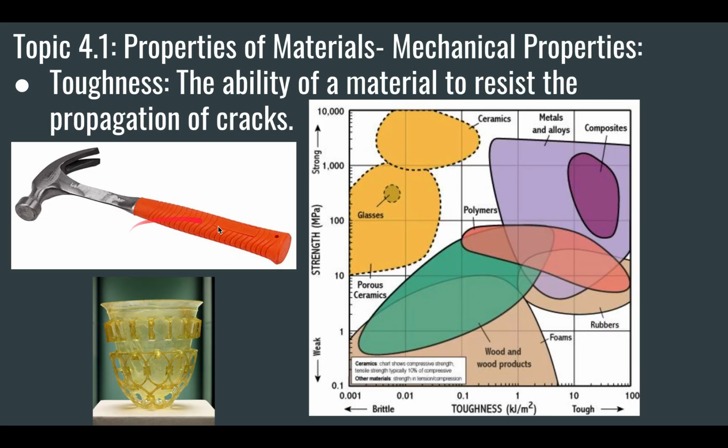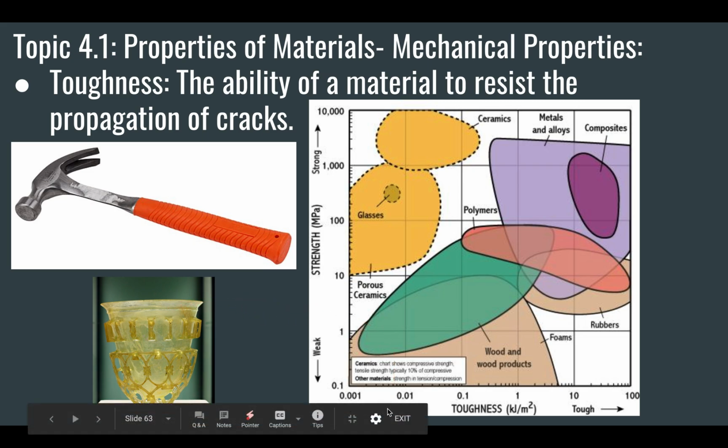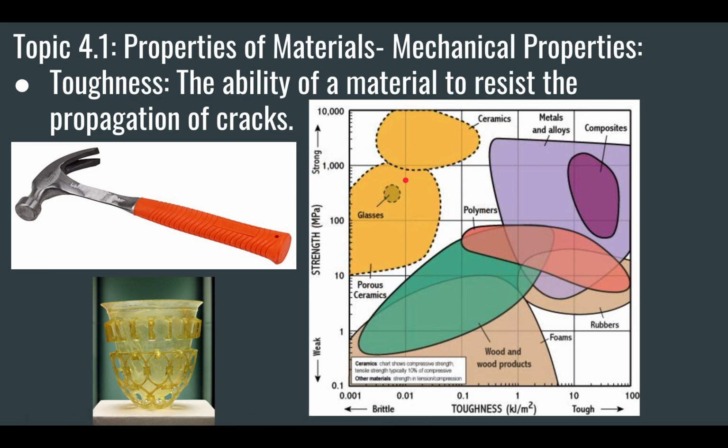All right, toughness. Toughness is the ability of a material to resist the propagation of cracks. I want you to be a little bit careful of this because some objects are hard but not tough. Glass is quite hard, but it is very brittle and it's not very tough. These are called material selection charts, and we'll talk more about them later.